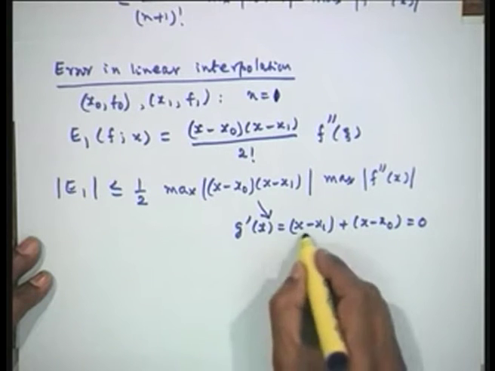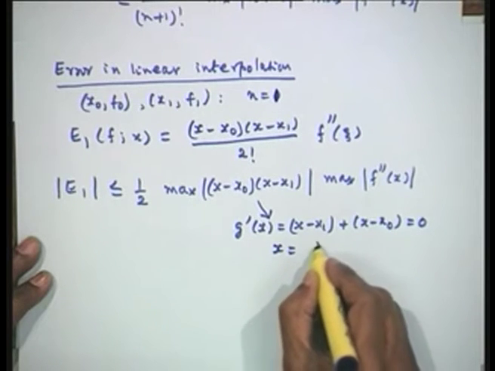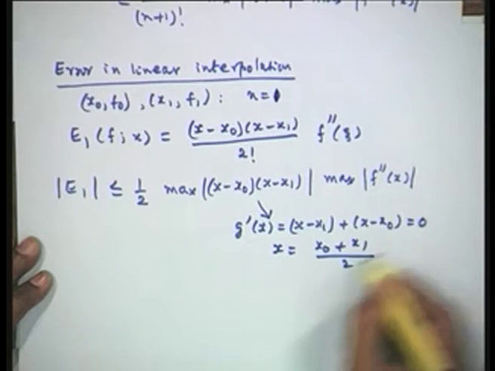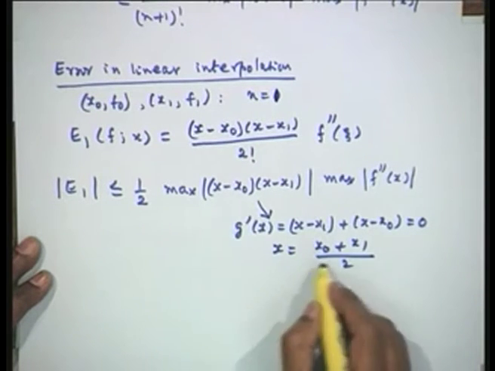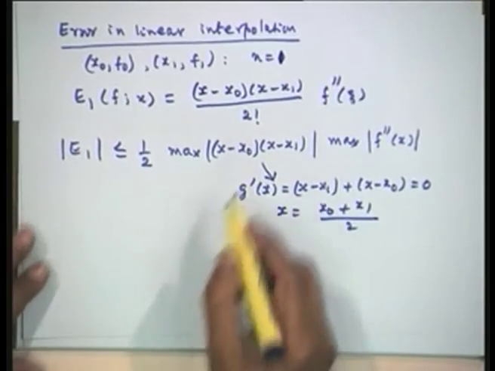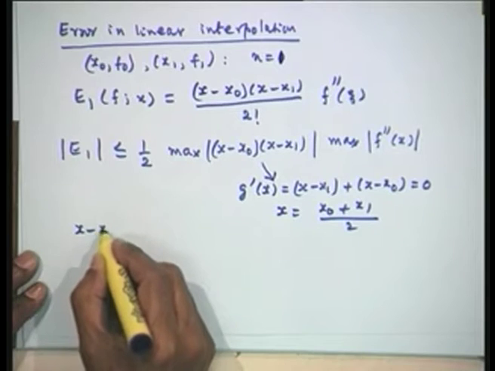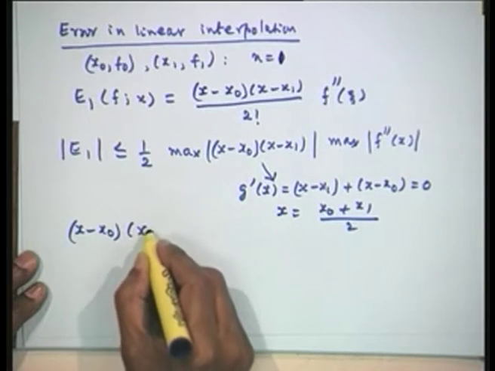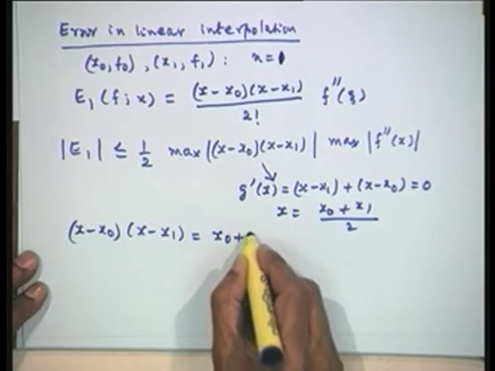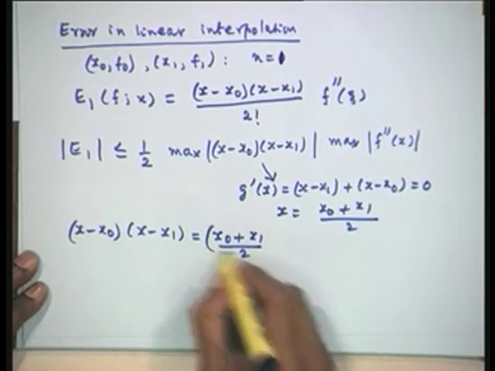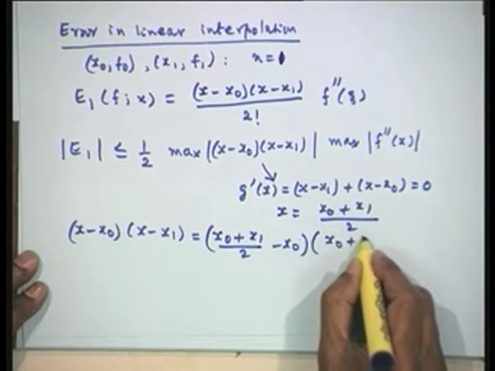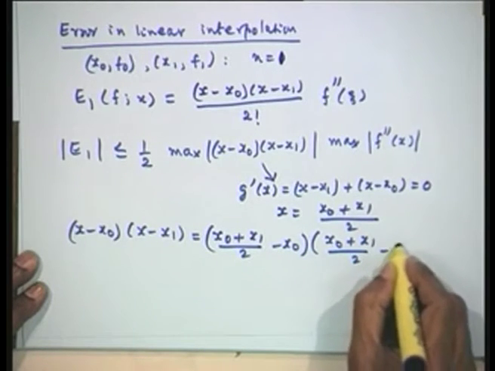Therefore, this gives 2x is equal to x naught plus x 1, or x is equal to x naught plus x 1 divided by 2. Therefore, this is maximum at the middle point x naught plus x 1 by 2, and let us find out what is the value. X minus x naught into x minus x 1 will be x naught plus x 1 by 2 minus x naught, times x naught plus x 1 by 2 minus x 1.